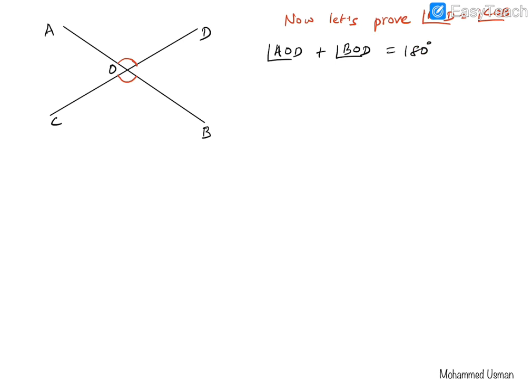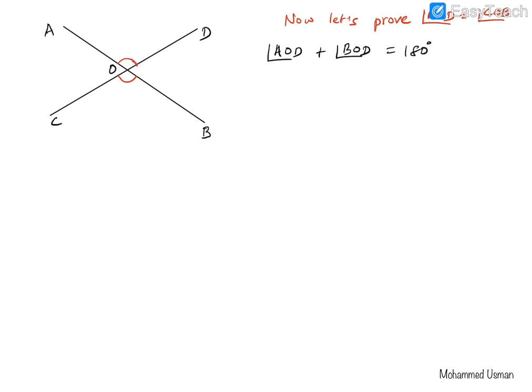In a similar fashion, we can now think of the ray OB standing on the line CD. So we can consider this line CD and we have this ray OB standing on this line CD. Then we have that angle BOD and angle BOC are adjacent angles whose sum will be 180 degrees because OB is a ray standing on the line CD.